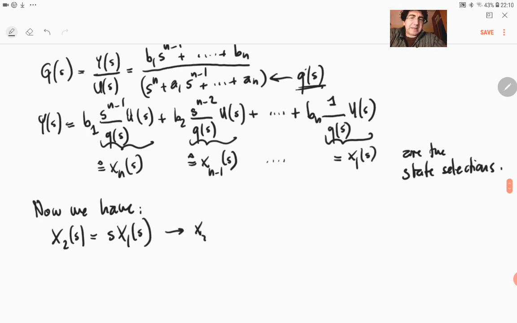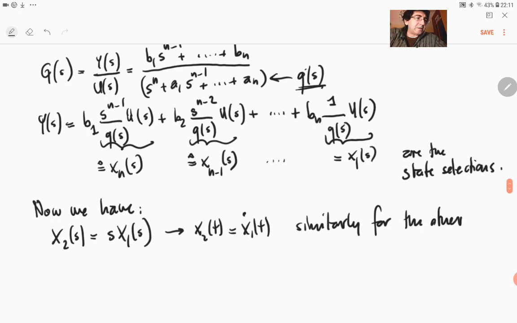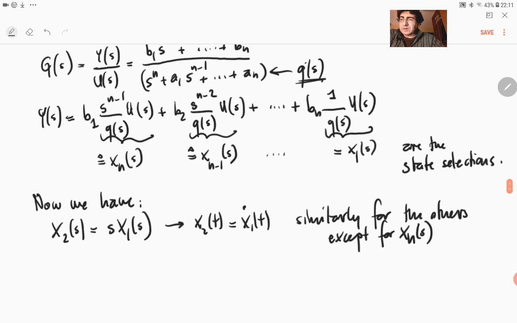Well, I know that x2(t) is therefore x1 dot(t), and similarly for all the others.